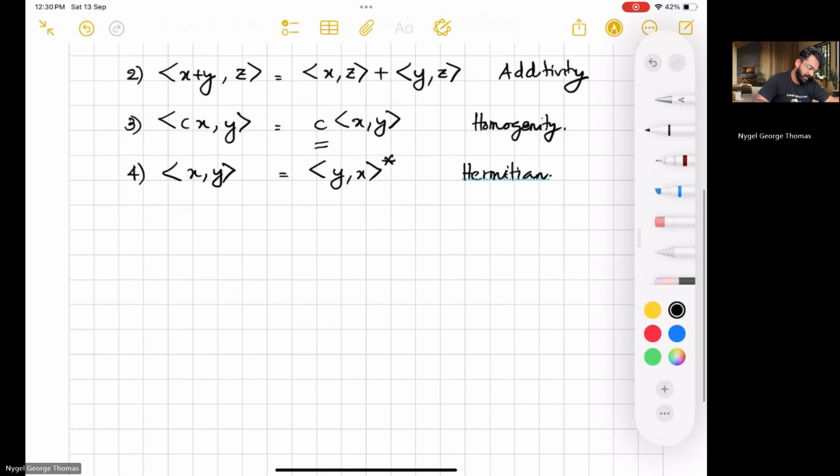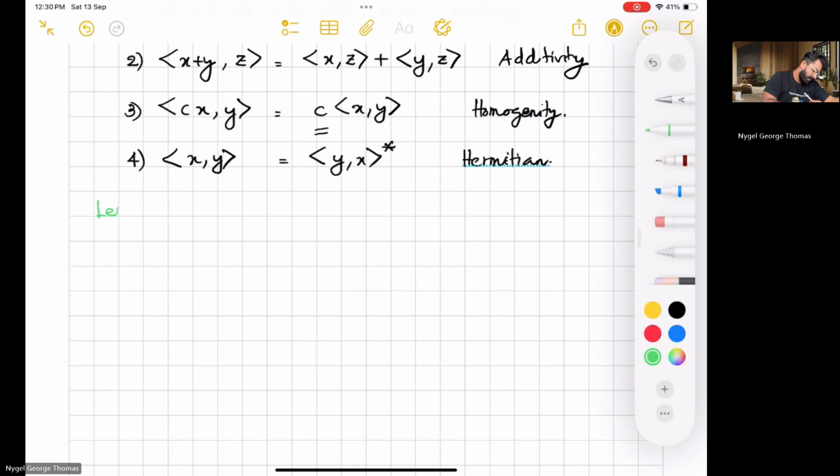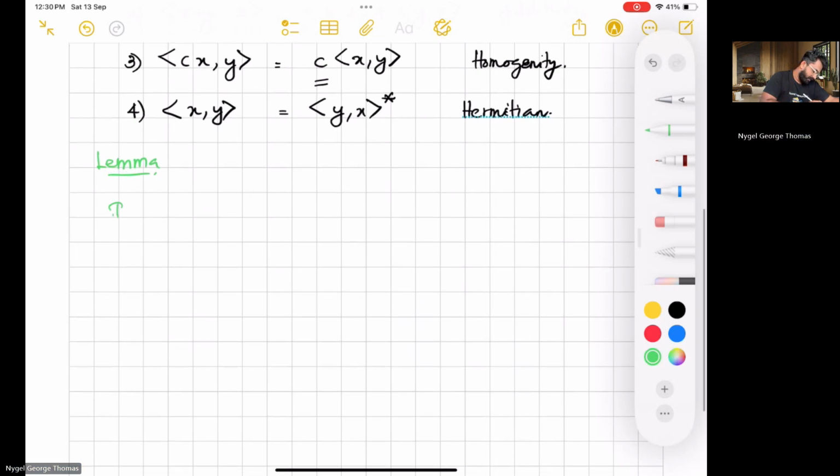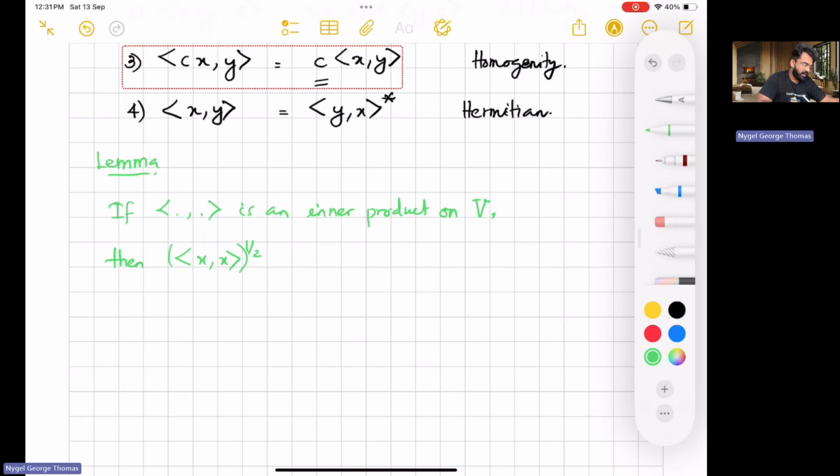Now let's look at our lemma. This lemma says that if we have an inner product on a vector space V, then the inner product of x comma x, whole raised to half, is a vector norm.